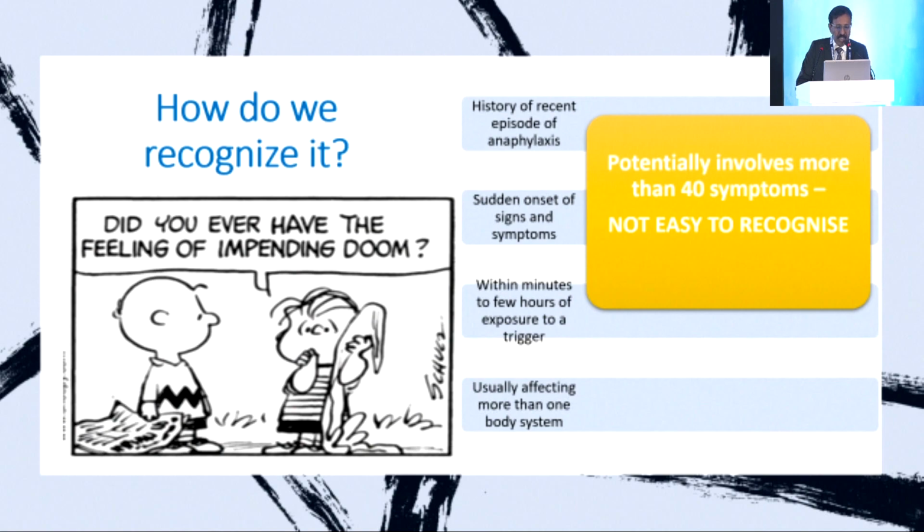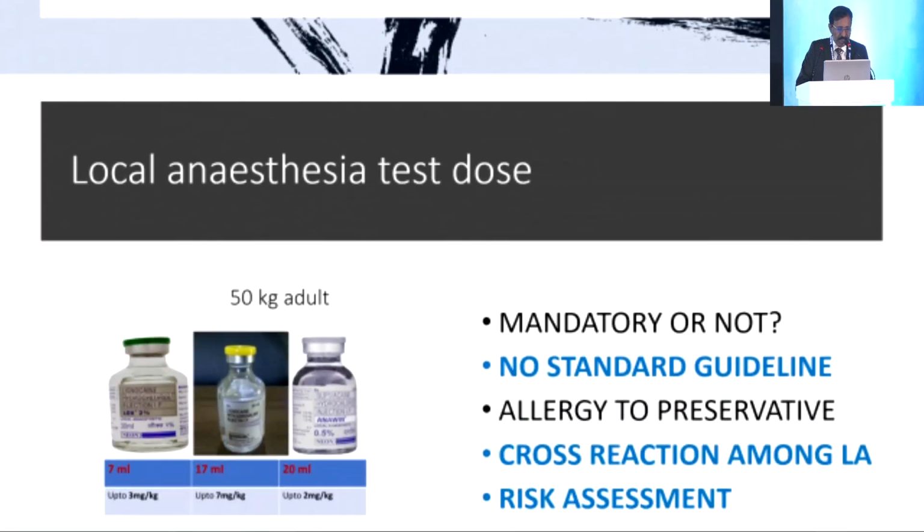So how do we recognize it? If you have already experienced it in your medical college days or in other centers, you can easily recognize it. There is sudden onset of signs and symptoms, and it happens within minutes, though it might happen after a few hours also. It affects the entire body, and a lot of symptoms happen, so it is not easy to recognize.